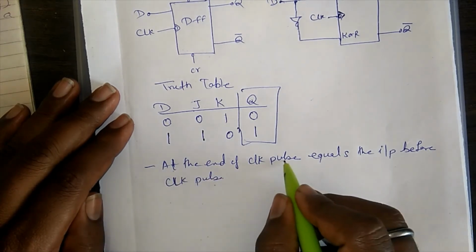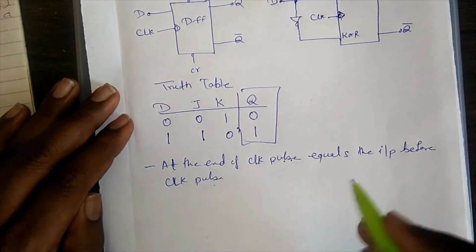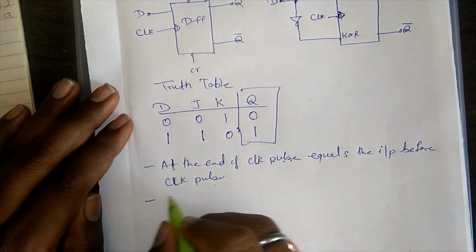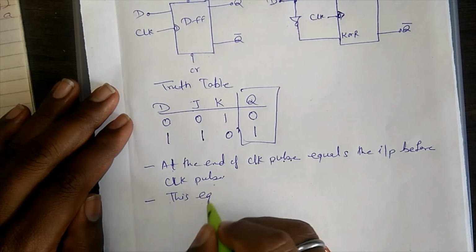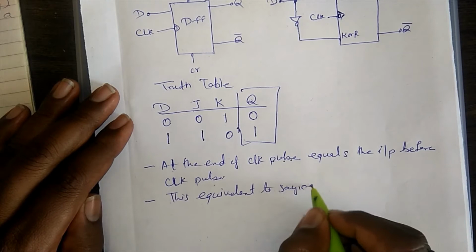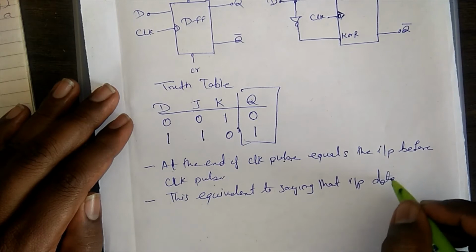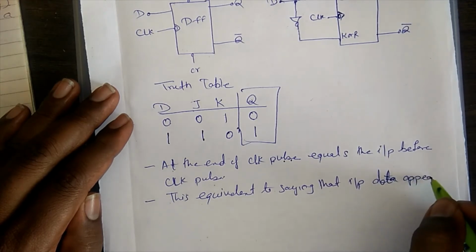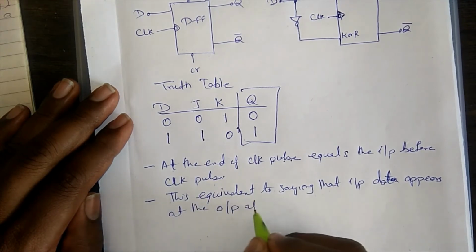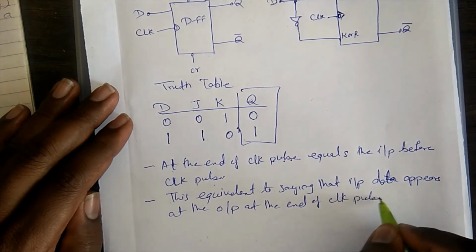Okay, at the end of the clock pulse, as our clock pulse ends, our input is completely transferred to the output. This is equivalent to saying that input data appears at the output at the end of the clock pulse.